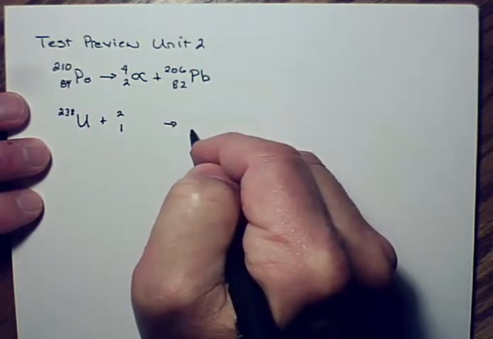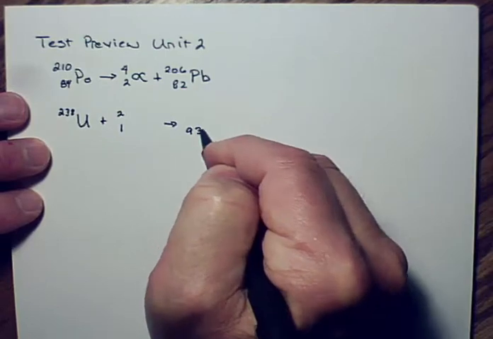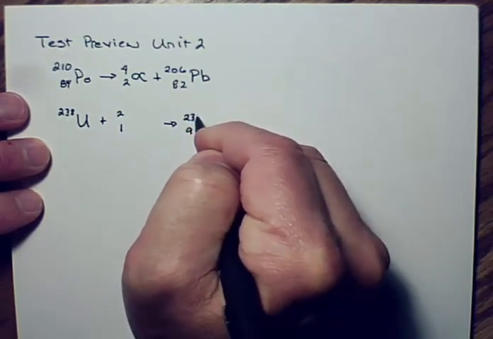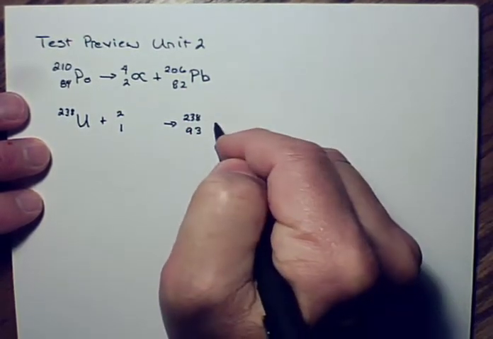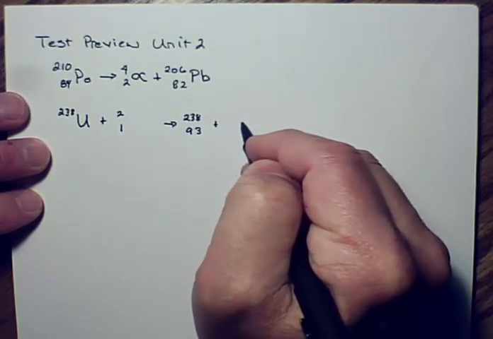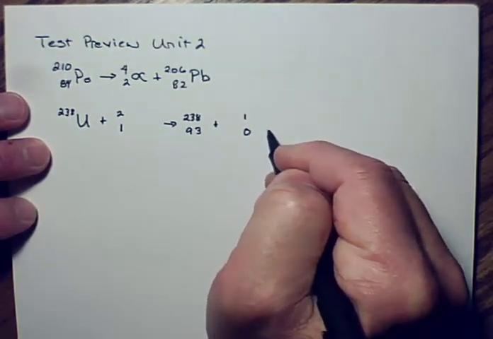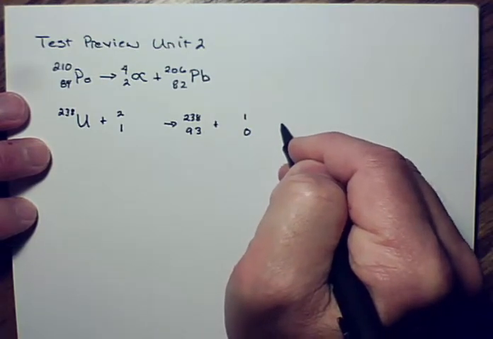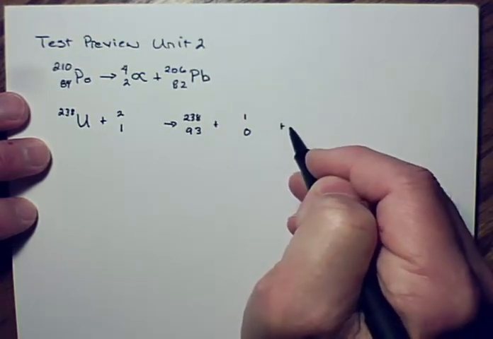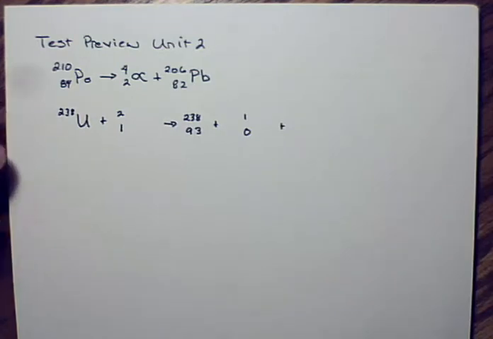And I'm going to have 93 and 238 over here. We're going to have 1 and 0. Now that's all. That's enough for right now. This is an intermediate step. There's actually another step that takes place here.